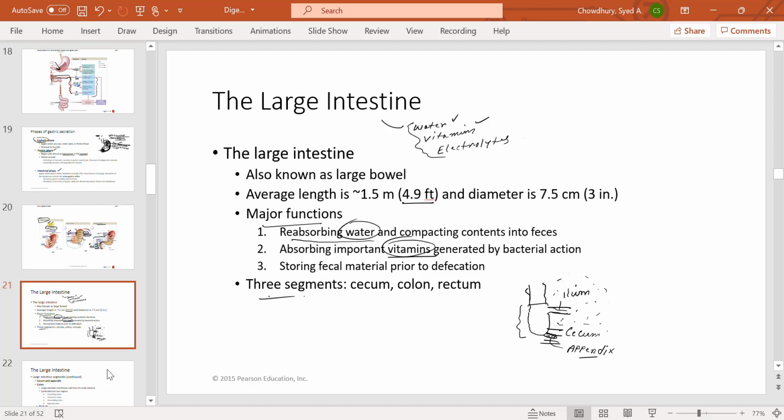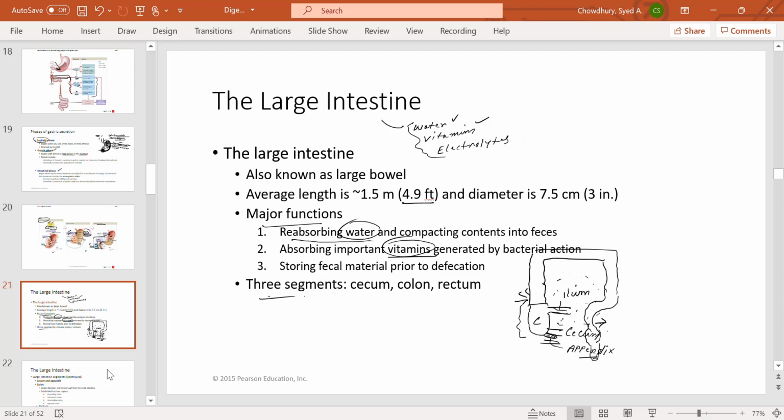Then you have the ascending colon, transverse colon, descending colon, and the S-shaped part is called the sigmoid colon, this part, and then the rectum, anal canal, and anus. Okay, so the cecum, then the colon starts here and ends here.